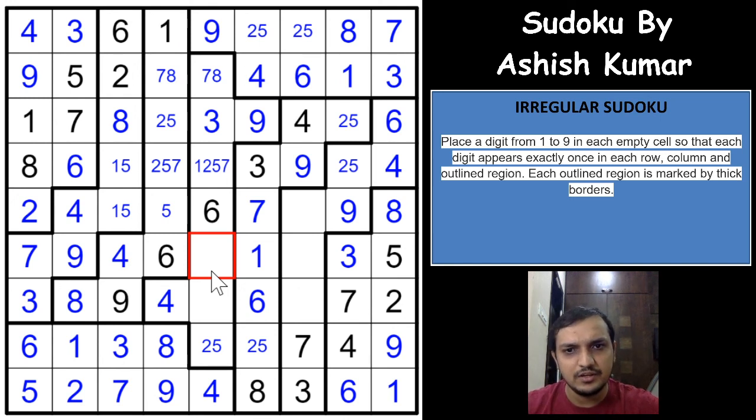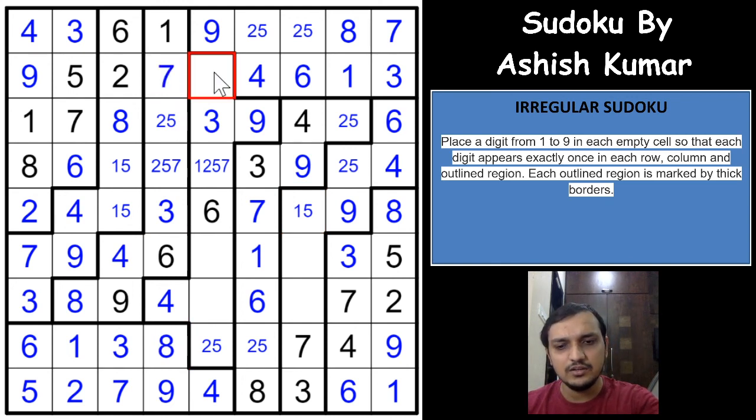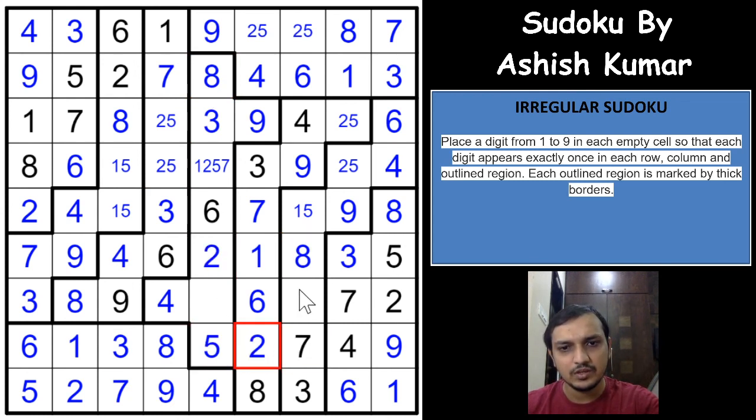1, 3 and 5, right? So 3 cannot be here, 3 cannot be here, so this cell will have to be a 3, which means that the only 2 possibilities are 1 and 5, and because of the 3 here, and because of the 8 here, we can write a 7 here, 8 here, that leaves you with a 2 5 pair, and this 8 will give you an 8 here, a 2 here, a 5 here, a 2 here, that leaves you with a 5 here and a 1 here.